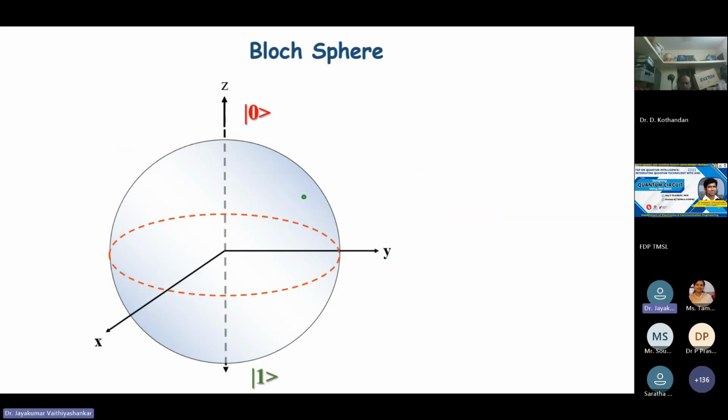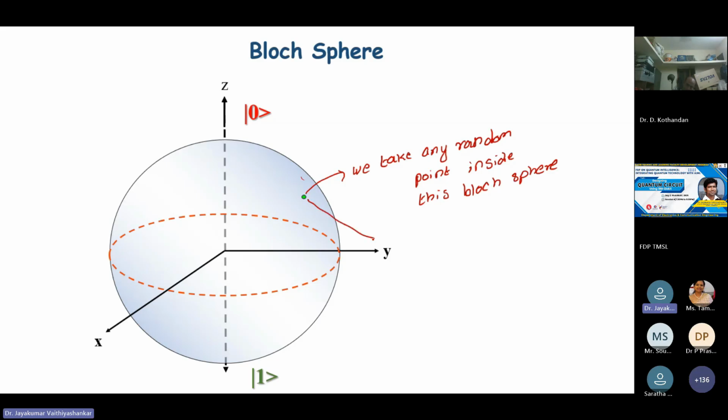So next what we do, we take any random point inside that sphere, inside this Bloch sphere. So it will represent a quantum particle.